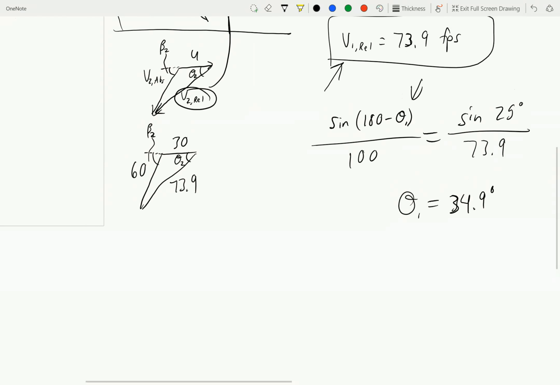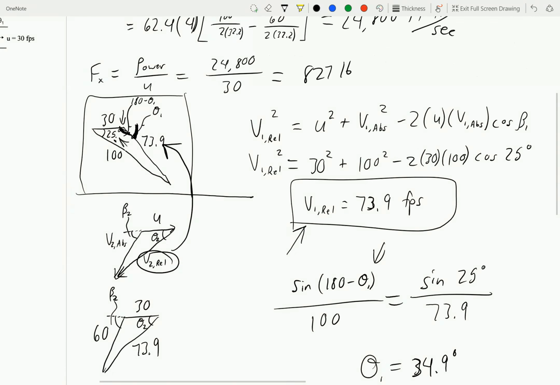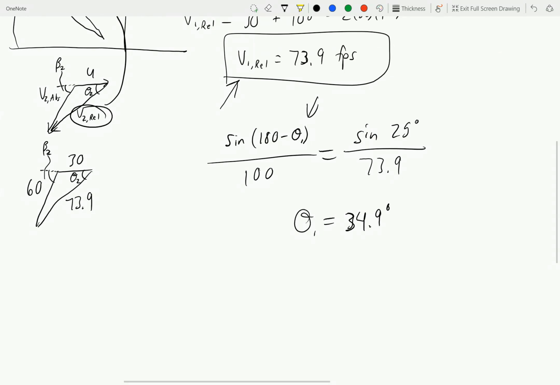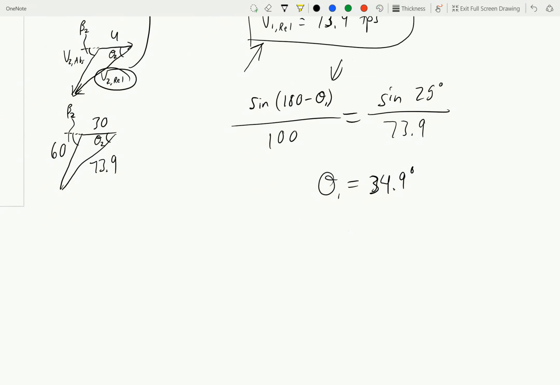In this first example, we know all three sides and one of the angles, and in the second example, we know all three sides and no angles. So for that, we have to use the law of cosines again. If you don't understand the law of cosines, I'm not very good at explaining it, but if you look up any video on YouTube, there will be someone who can explain it a heck of a lot better than I can.